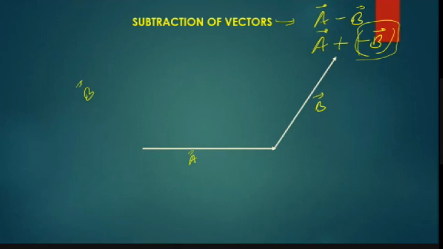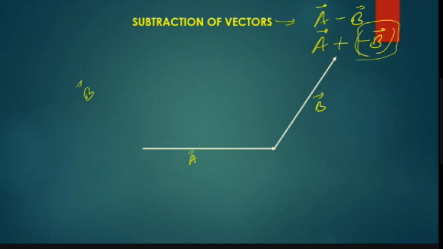Kartika, can you tell me what is minus B? What is the meaning of minus B? Negative of a vector. What is the negative of a vector? We have seen.